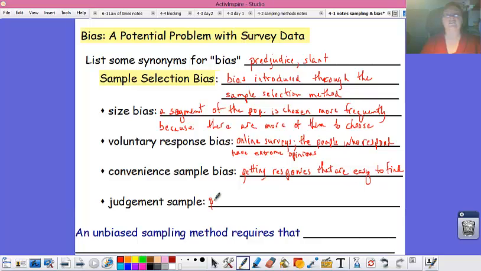So these are professionally selected samples. And the problem with that, again, is they may not know the population well enough to get a random sample.